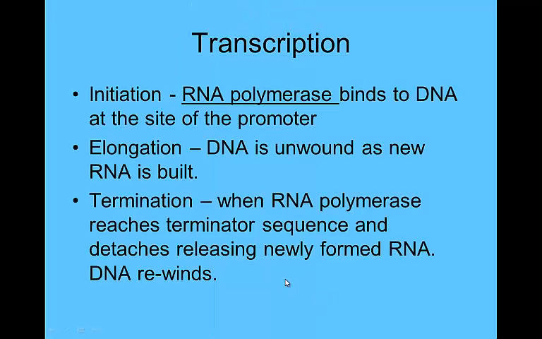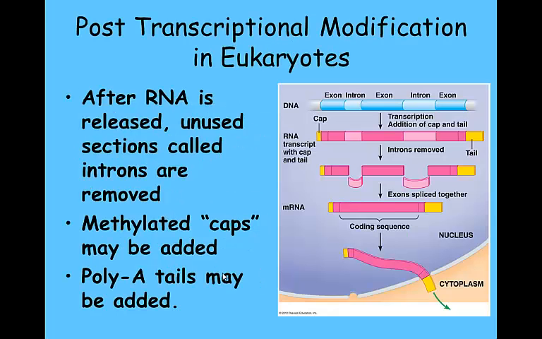So again, we can separate that out into initiation, elongation, and termination. As soon as the RNA polymerase reaches that termination signal, the DNA is just going to wind right back up, and the RNA polymerase will go on and transcribe at another location. After RNA is made, it's released in eukaryotes. The RNA that's made in eukaryotes often contains information that isn't used. When we look at the sections of RNA that are transcribed, we sometimes divide them into exons and introns.